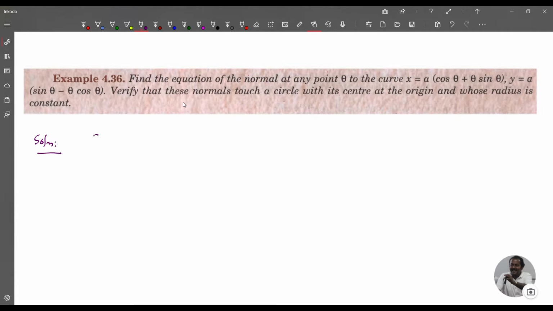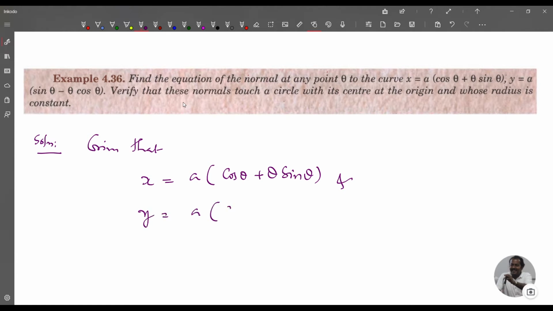Given that x is equal to a into cos theta plus theta sin theta and y equal to a into sin theta minus theta cos theta.